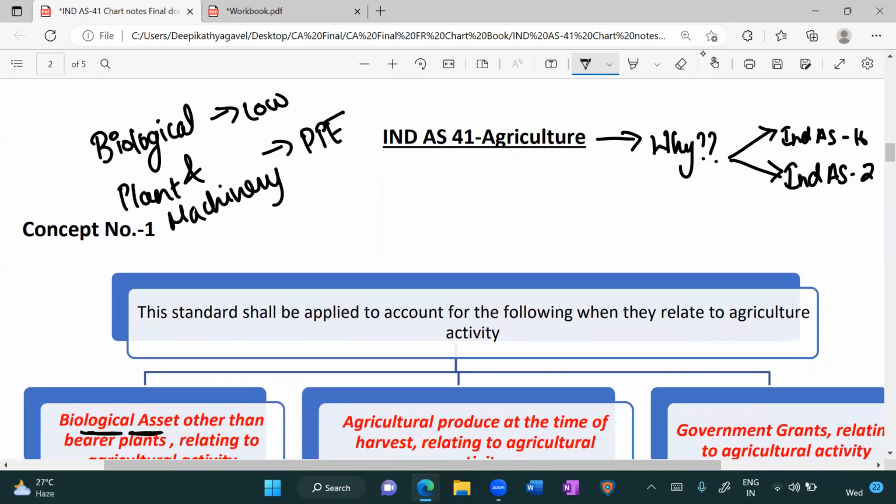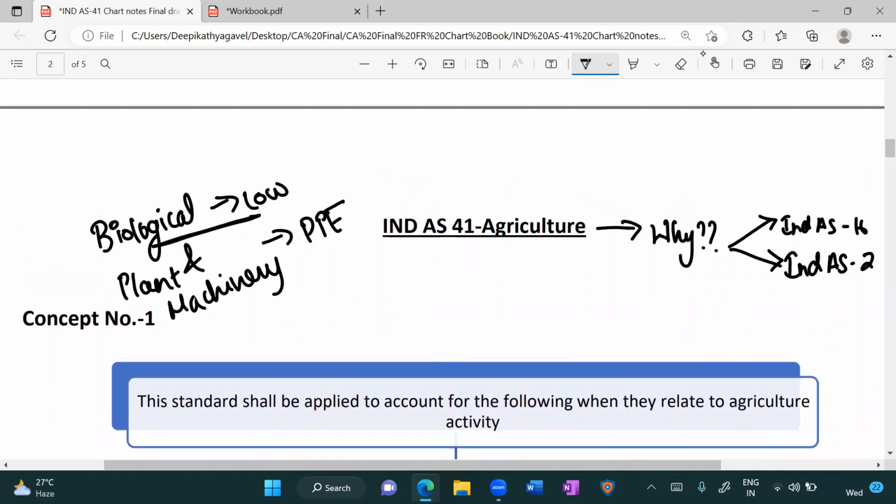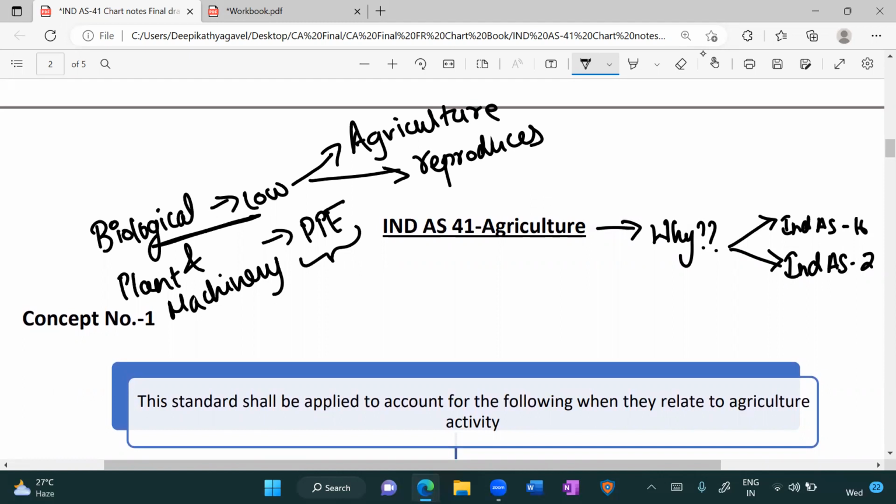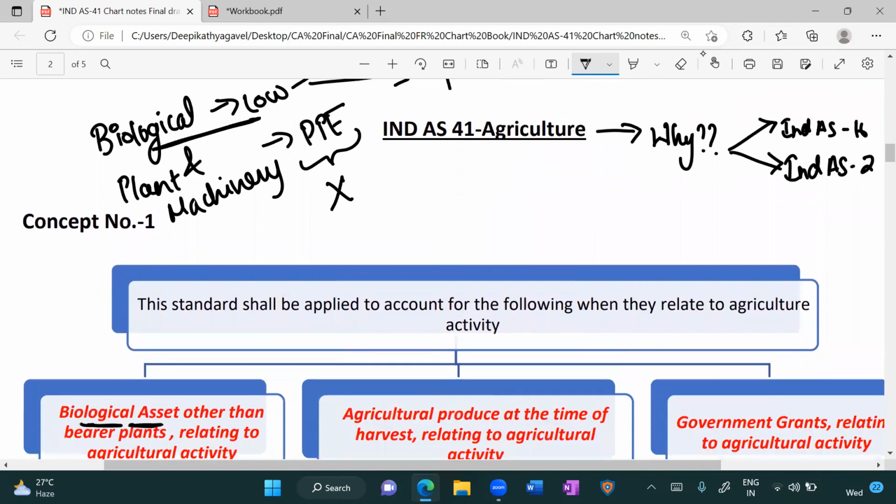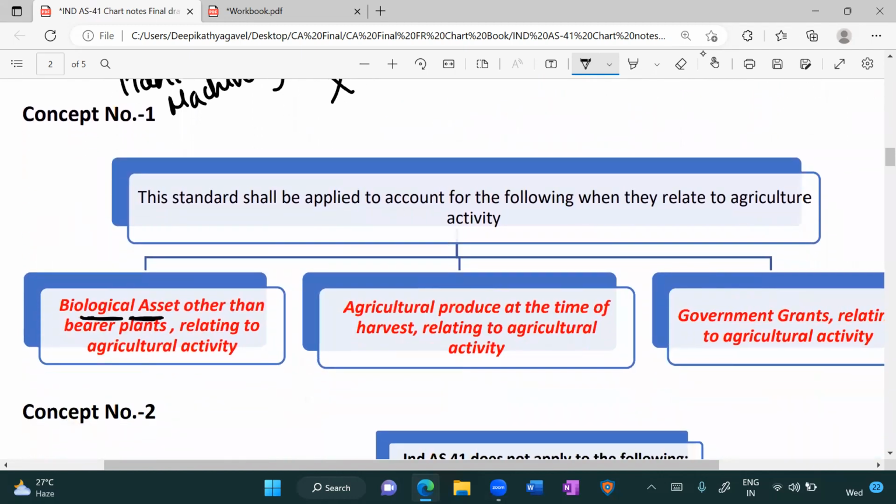One of the unique features of this biological asset, the cow, is that in addition to giving agricultural produce, let's suppose milk, it also does one more important activity, that is, it reproduces, which a tangible asset under IND AS 16 is not capable of doing. A plant and machinery cannot reproduce itself. A building cannot reproduce itself. So because of this unique nature of biological assets, there was a need to bring a separate standard for agriculture. I hope the answer to this question is very, very clear.